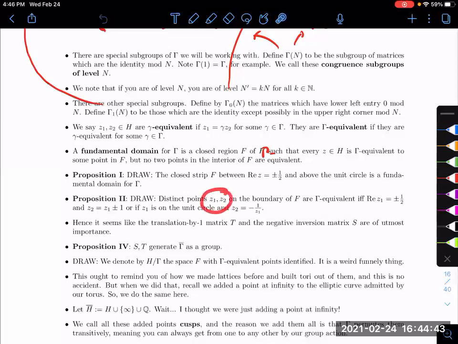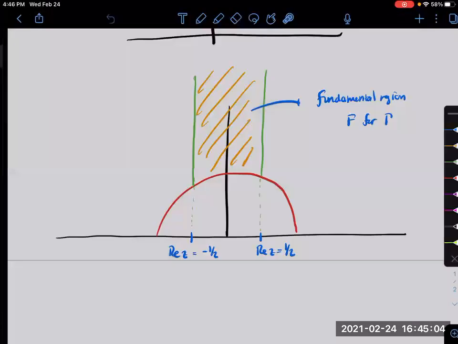2 distinct points on the boundary of this region F are gamma equivalent if and only if real z1 equals ±1/2 and z2 is z1 ±1, or if z1 is on the unit circle and z2 is the negative inversion of z1. So that's a mouthful, but it's very nice. I can draw it very nicely.